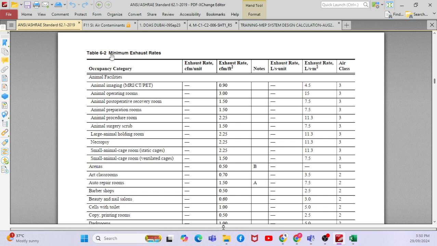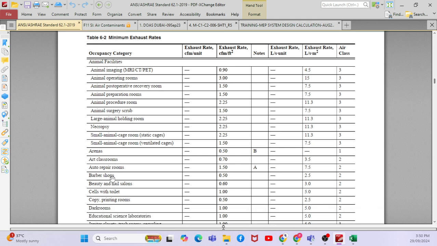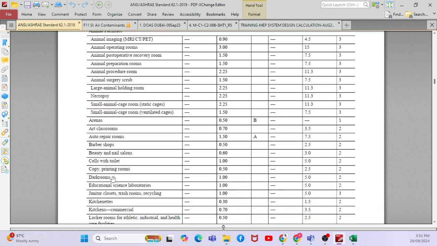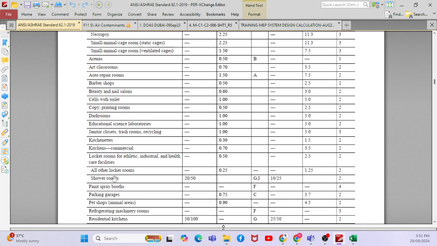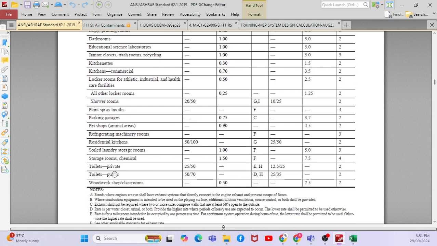You can see the minimum exhaust rates for different categories like animal facilities or animal procedure rooms, or hot classrooms, where bad smell is expected, like cells with toilet, dark rooms, kitchenettes, shower rooms, or parking garages. Then you have different toilets, like private toilets and public toilets, right?